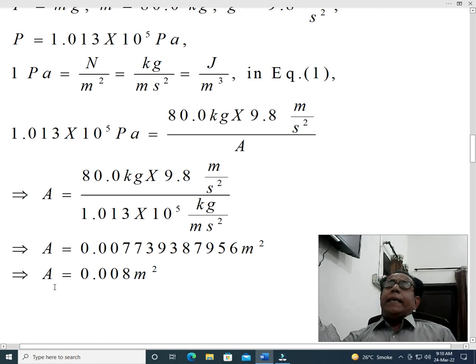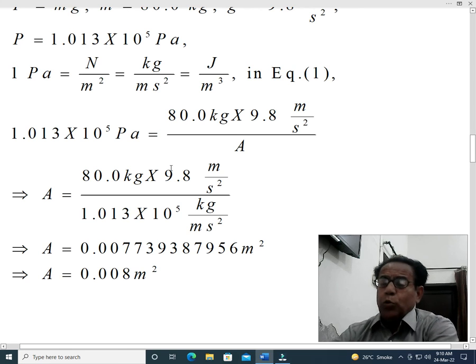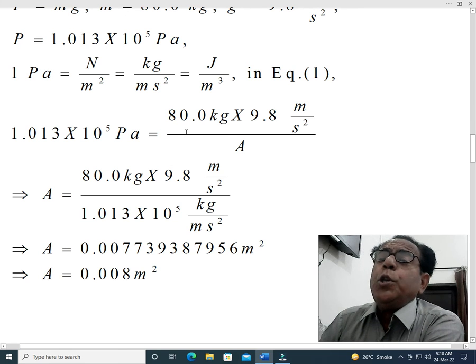Area is always a two dimensional quantity, so it is written in terms of square, while volume is a three dimensional quantity and is written as meter cube. We have found the solution of our problem.